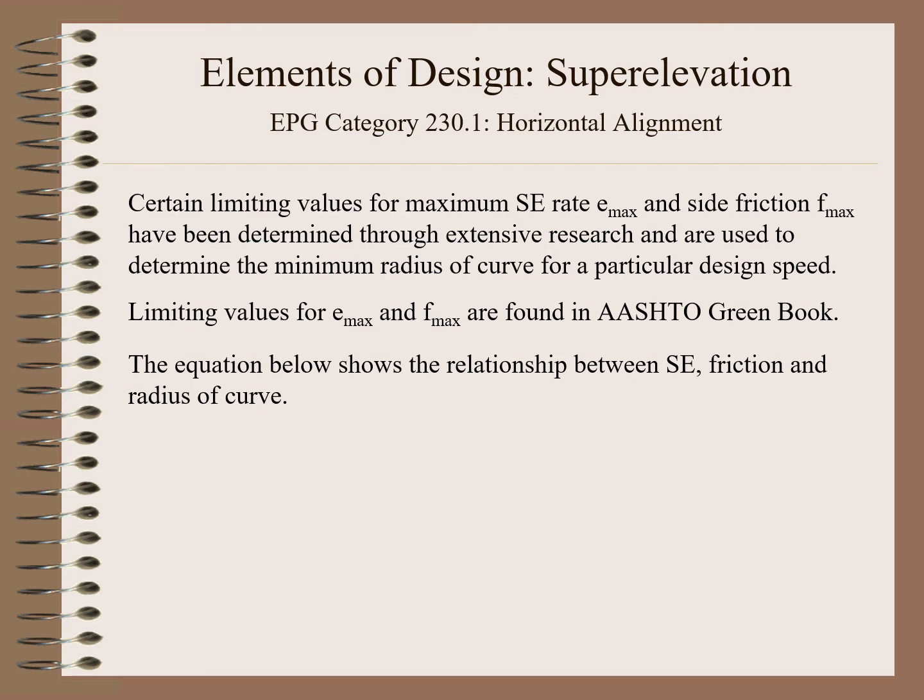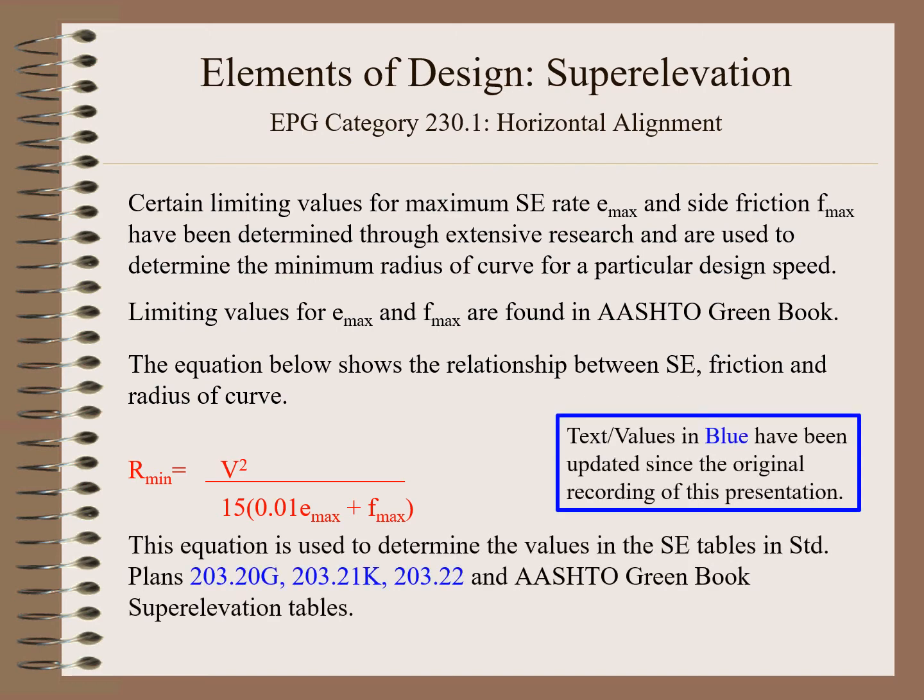The equation below shows the relationship between the superelevation, the friction, and the radius of the curve. This equation is used to determine the values in the superelevation tables in the standard plans 203.20 and 203.21, as well as the AASHTO Green Book superelevation tables.